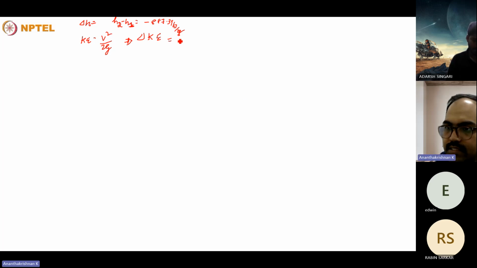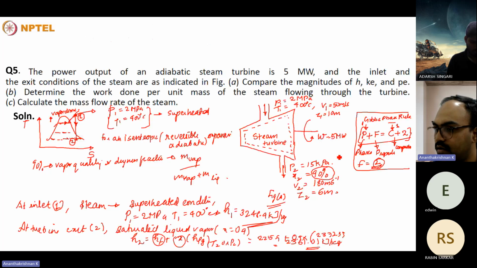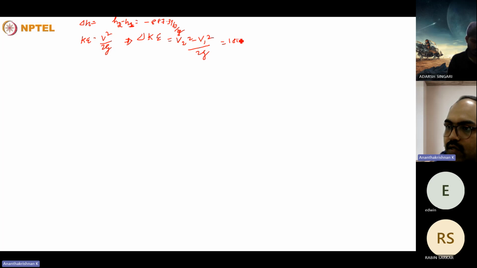So kinetic energy delta K could be written as V2 squared minus V1 squared divided by 2. Everything is given straight away. The input velocity is 50 meter per second, output velocity 180. You substitute that and we get 180 squared minus 50 squared divided by 2.